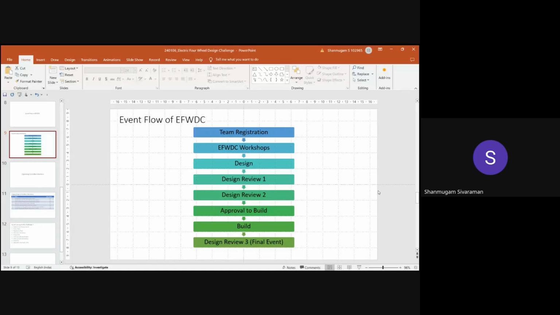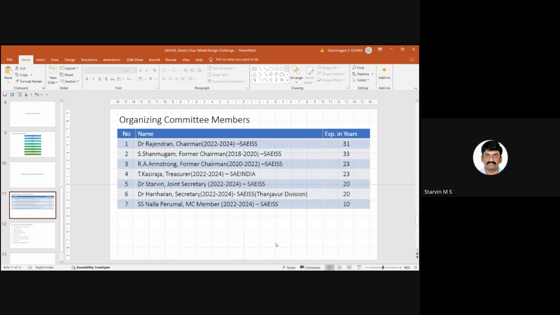Okay, you could see the event flow slide. Yes, sir, now it's visible. So this is the event flow slide. Then I'm going to the next slide, basically, who are all the organizing committee members. You could see the organizing committee members? No, sir, it's not yet changed. Okay, now it is okay, sir.